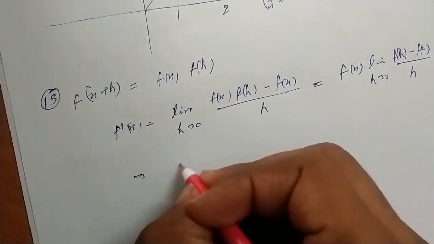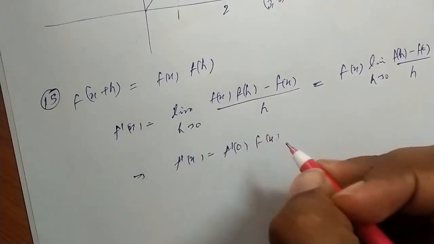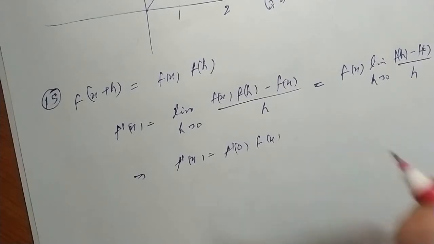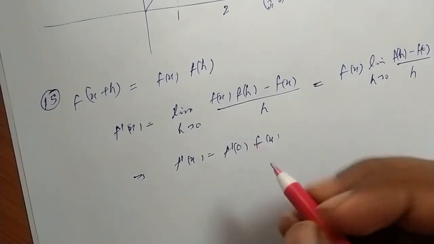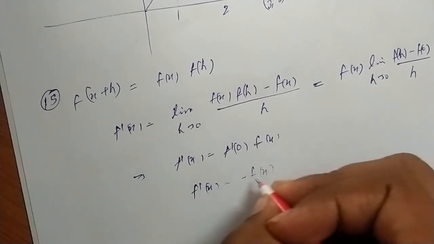So from here we get f dash x is equal to f dash 0 into f of x, and f dash 0 we know is minus 1, so f dash x is equal to minus of f of x.